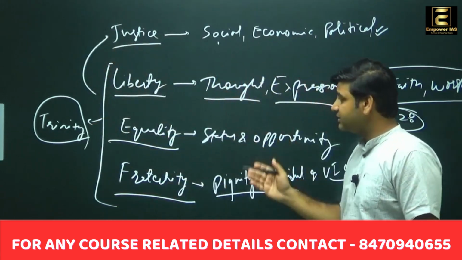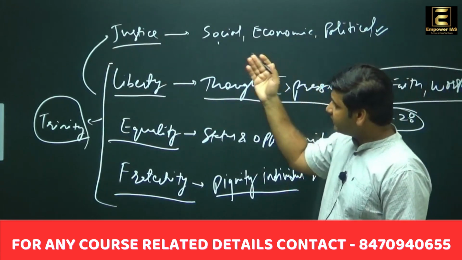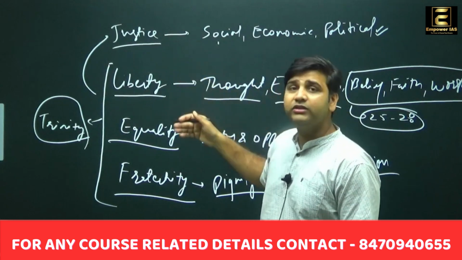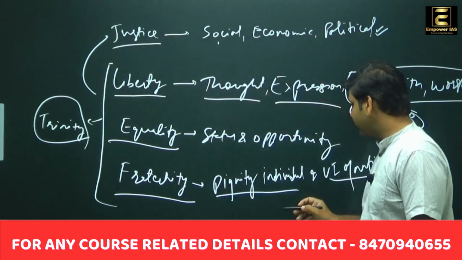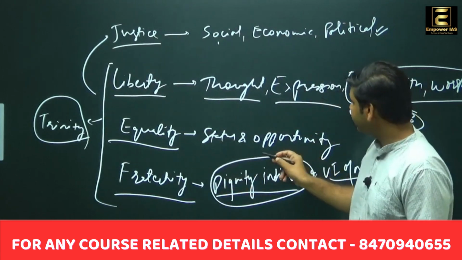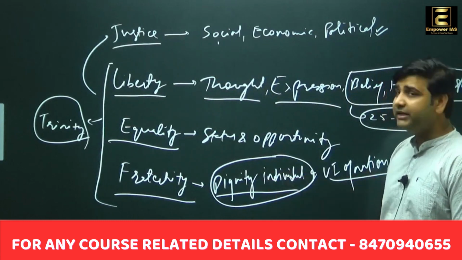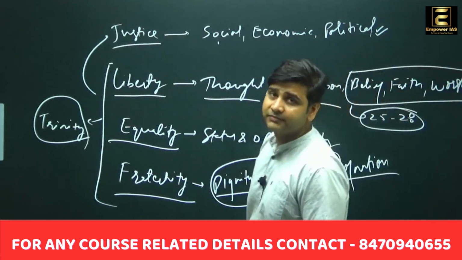So the preamble is a beautiful document, and one concept or one idea is intermingled and dependent on the other one. So we need to maintain the dignity of the individual, and dignity can only be maintained by having justice. And until this dignity is maintained in the country, you cannot dream of unity and integrity in the nation.